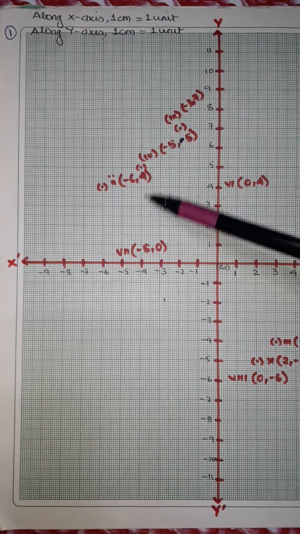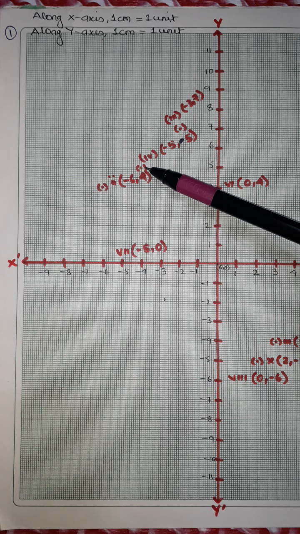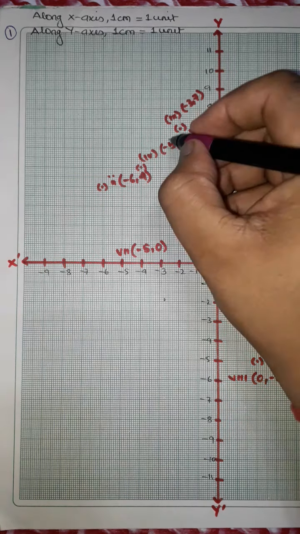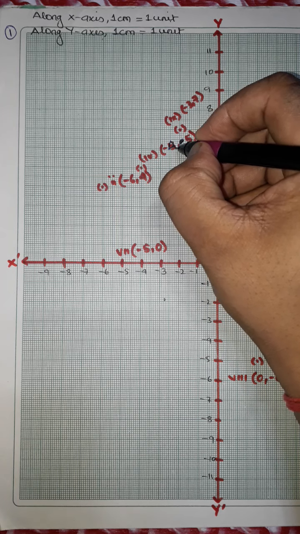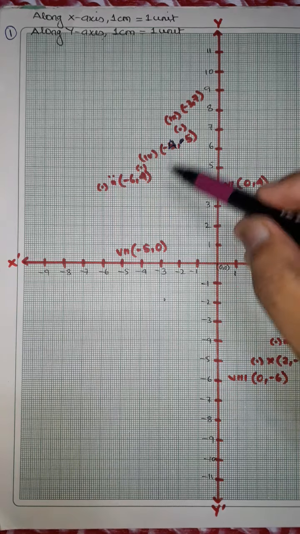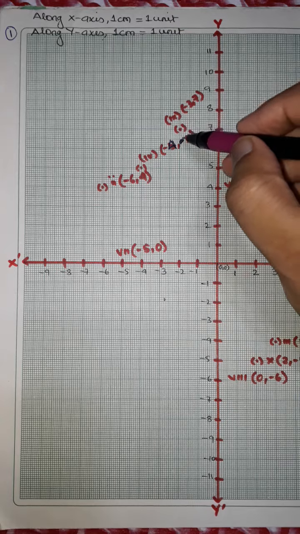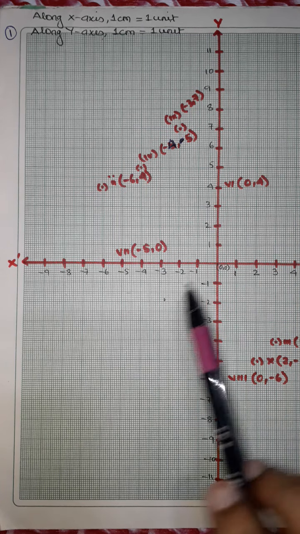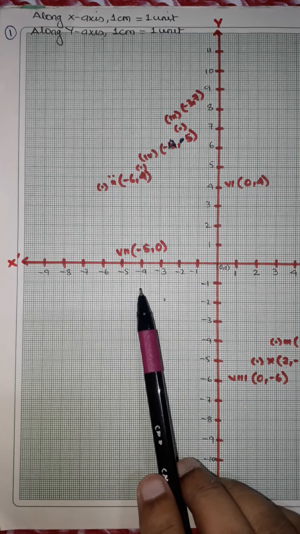1, 2, 3, 4, 5, right? So this is minus 4 comma 5. Again for number 5 you can see number 5 is 6 comma 0.